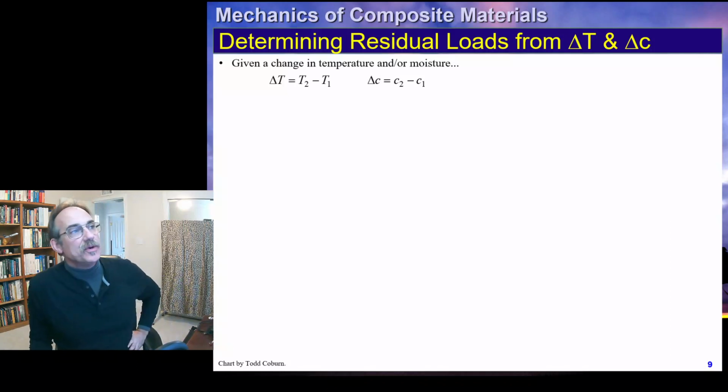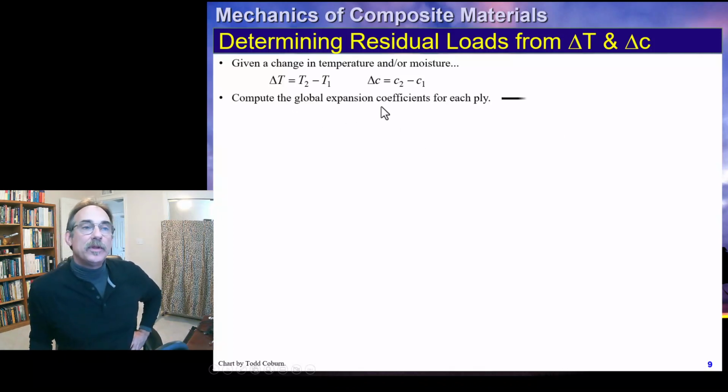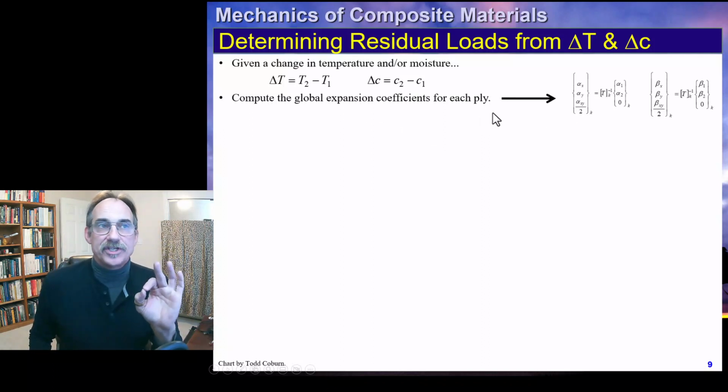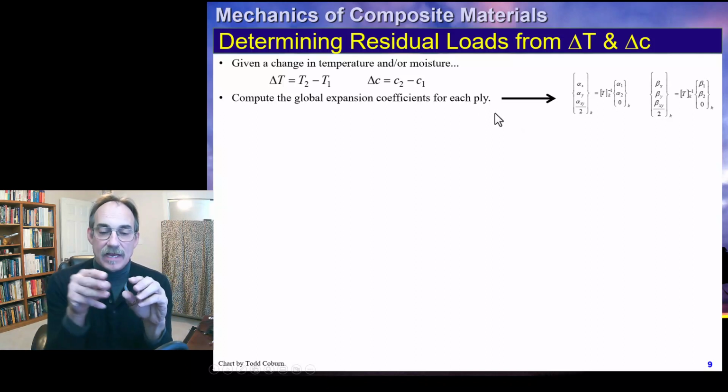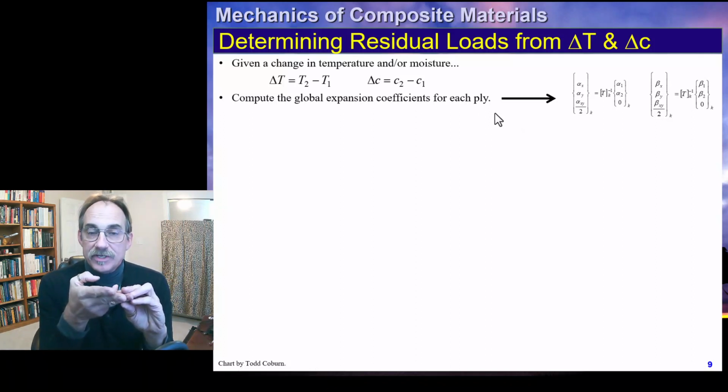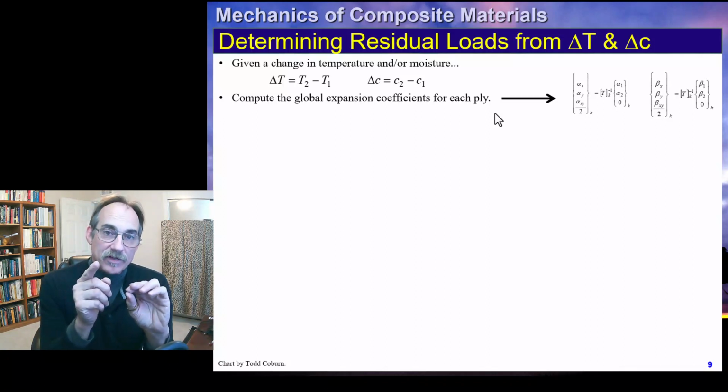So if this is true, we've got a temperature change and we've got a moisture change, okay? We're going to compute our global expansion coefficients for each ply. What we have to do is go and find the principal material thermal coefficients and the principal material direction moisture coefficients for each and every ply.